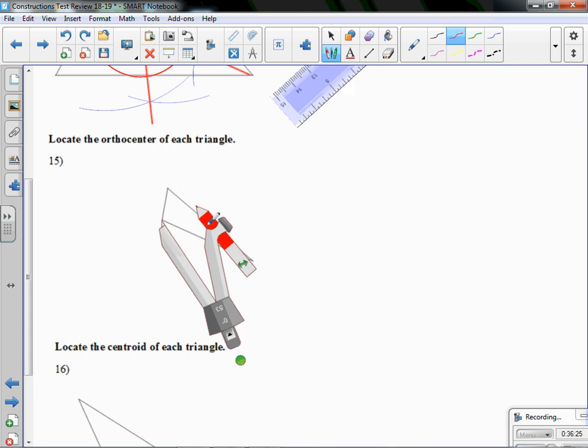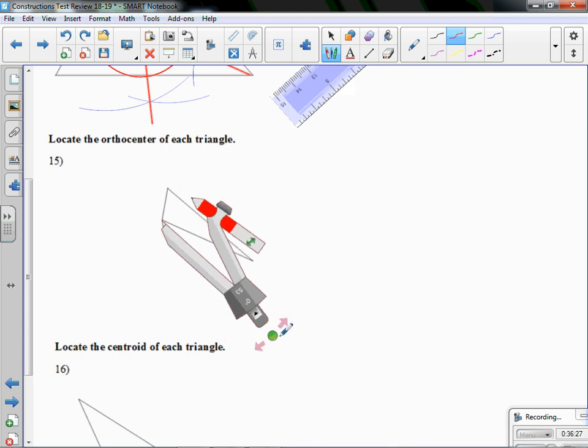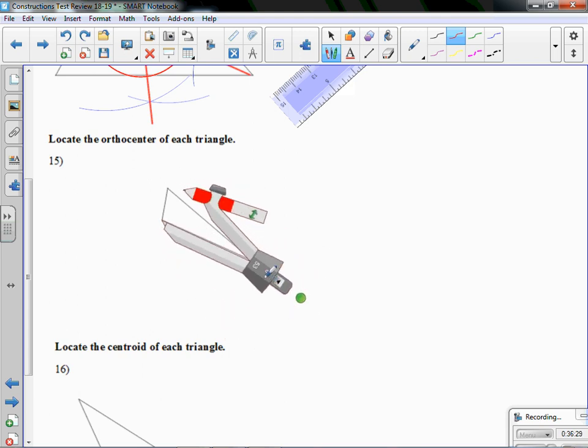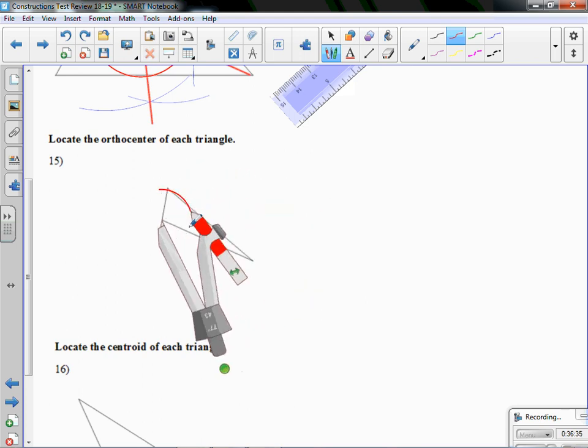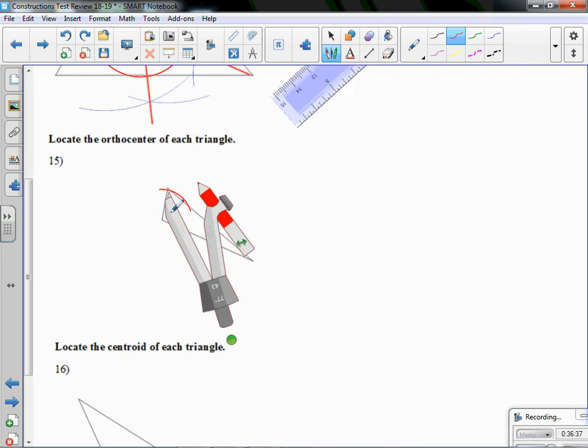Make sure our compass is opened wider than the side. And we need to make an arc that's going to hit that side in two places. So, put our compass at each one of those intersections. Make an arc.